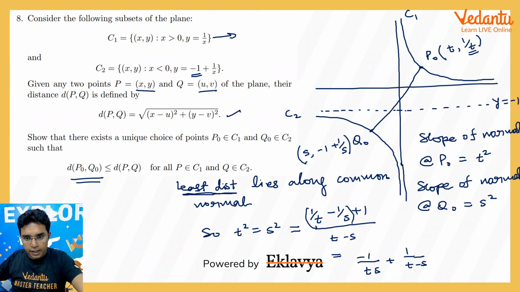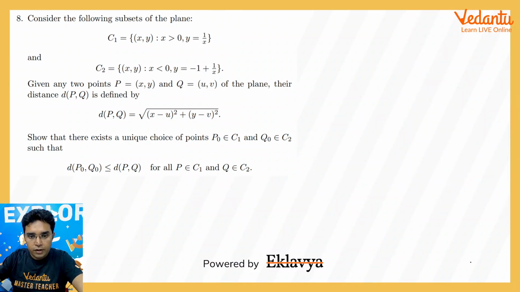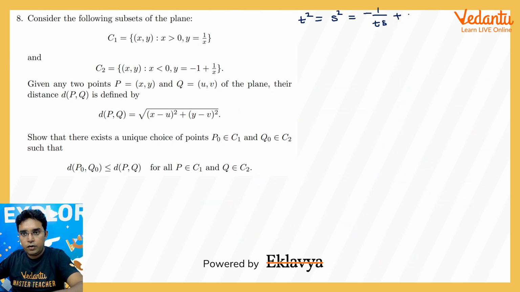These two terms, if I take LCM, (s minus t) upon ts, t minus s will get cancelled, minus 1 upon ts plus 1 upon t minus s. And here t square is equal to s square also. So let me write it once again, t square is equal to s square is equal to minus 1 upon ts plus 1 upon t minus s.